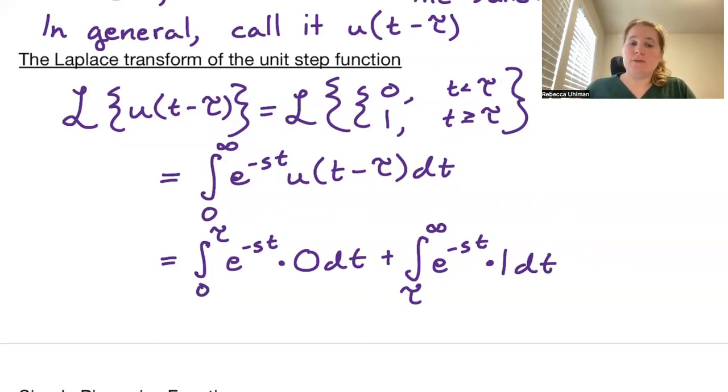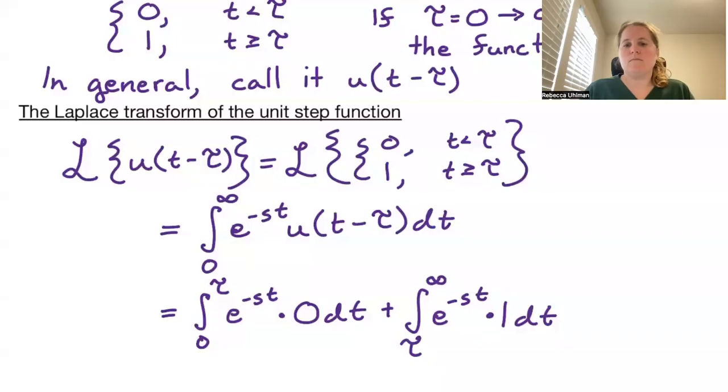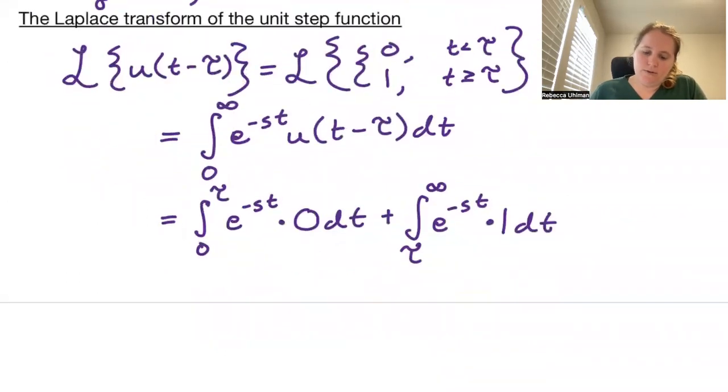So this first definite integral is just 0, and the second one is fairly quick to solve. I need to give myself a little more space before I do so.